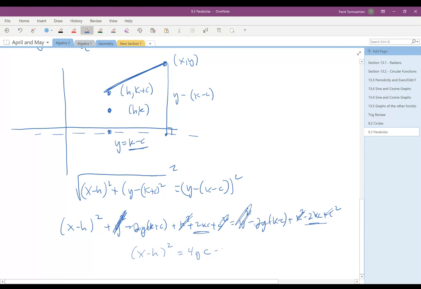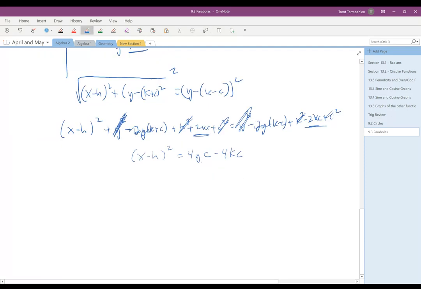So that's going to give me minus 4kc. Now I'm almost done. I divide through by my 4c. You start to see where that 1 over 4c comes from. So that gives me 1 over 4c times x minus h squared equals, well, y minus k. And so that's where all of that comes from and why this works out.